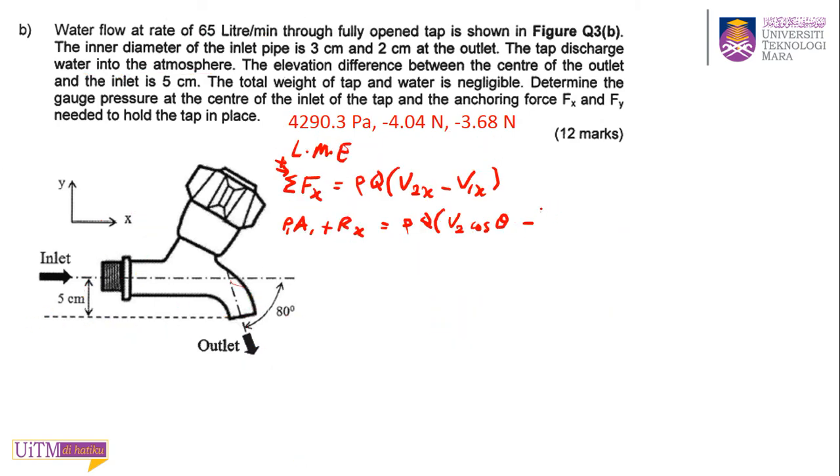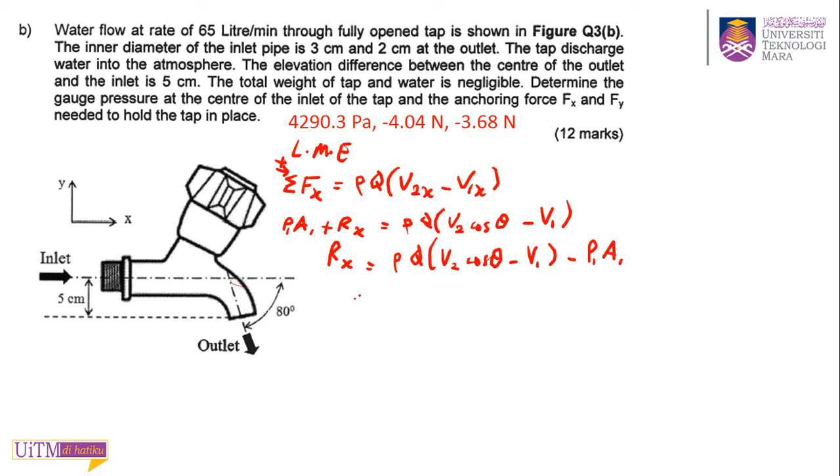So minus V1. So you can find your Rx will be equal to rho times Q times V2 cos theta minus V1, minus P1A1.